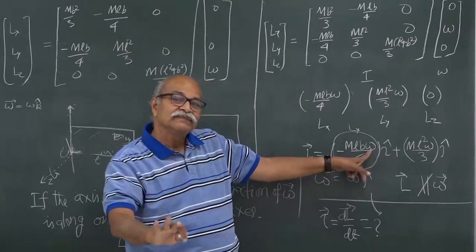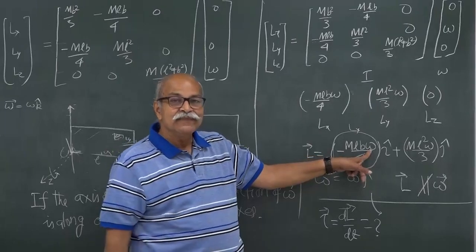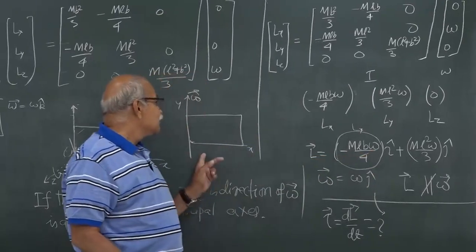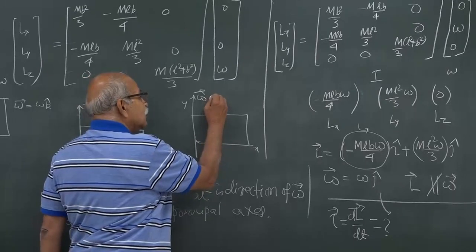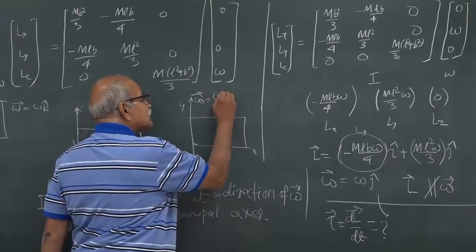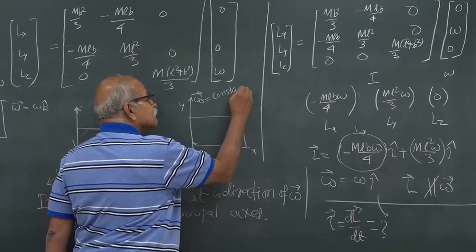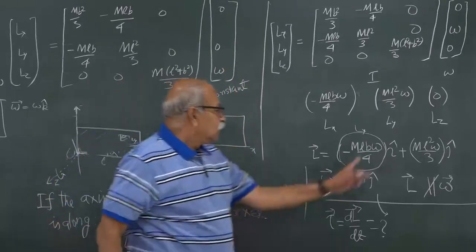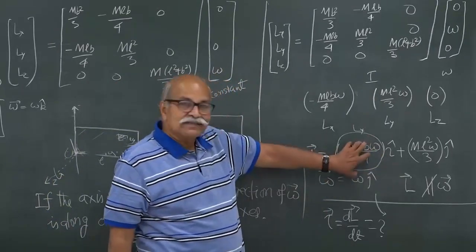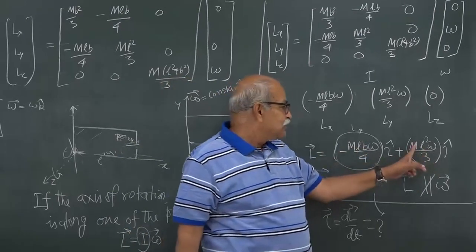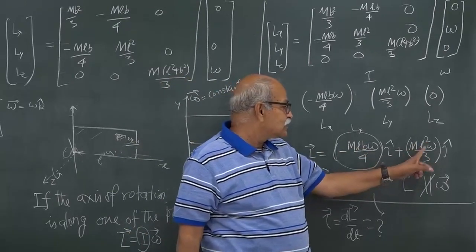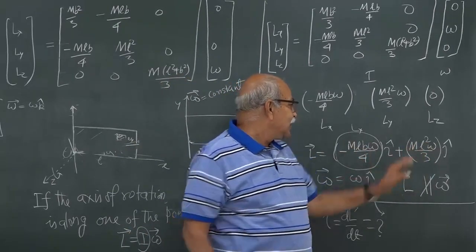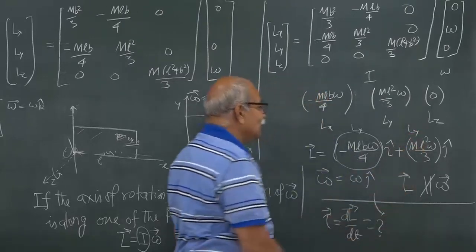I give you this plate is rotating about this y axis with a uniform velocity omega. So this omega does not change with time, it is constant. So this Lx is constant. Come to Ly: m is constant, L square constant, omega constant, 3 constant, so Ly is constant.